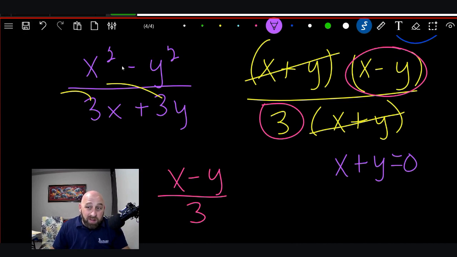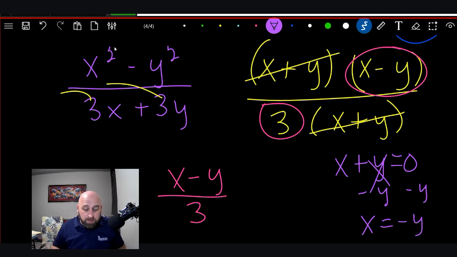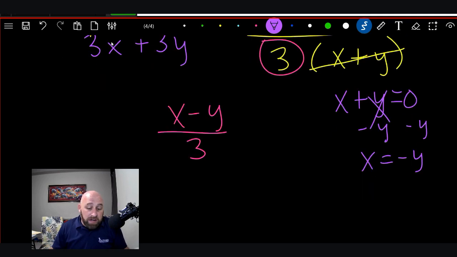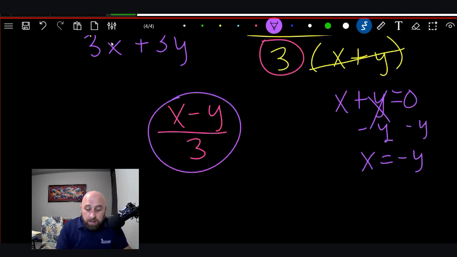Well, you're just going to solve it like you would if it was a number. It's not, but we're just going to kind of pretend it is. Minus y. So x cannot equal negative y. We don't know what that means right now, but we know that x cannot equal negative y. That's just how we would write it, and this would be our answer. X cannot equal negative y.